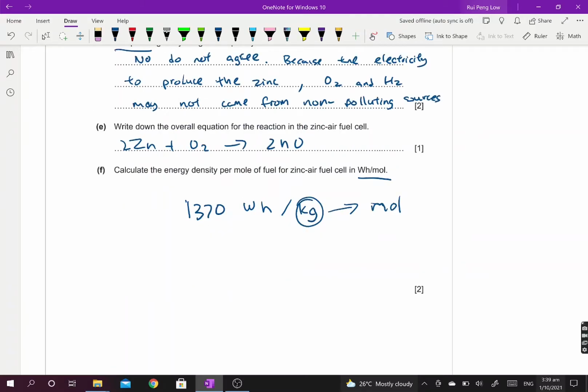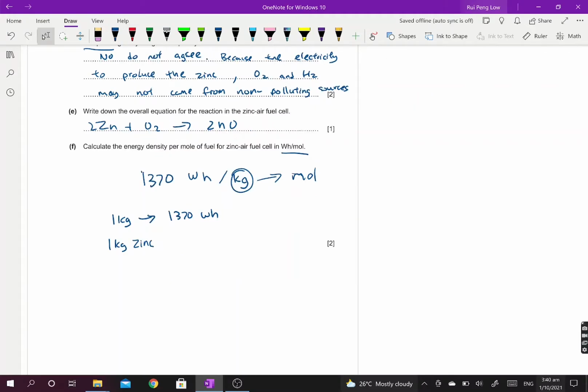So what they are trying to say is that 1 kg produces 137 watt hours. Now, 1 kg of zinc has how many moles?